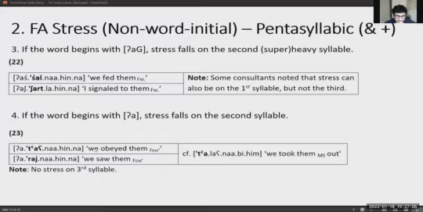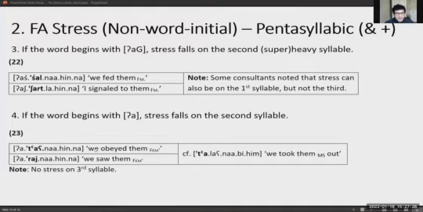The third case, excuse me, is when the word begins with a CVG syllable, where the onset is a glottal stop. And in these words, stress falls on the second heavy syllable or super heavy syllable. An example of this is the word astilnahin and ashatlahin. So you'd have stress on the first heavy syllable or super heavy syllable.